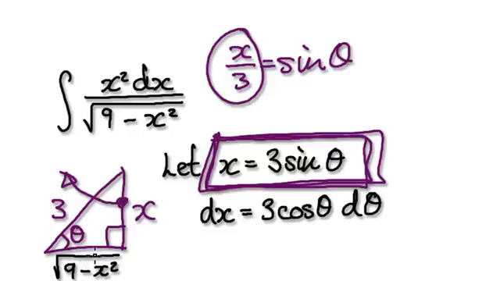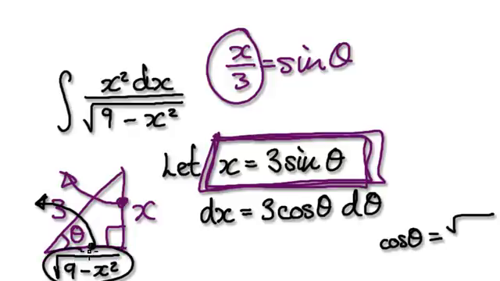Our next job is to try and translate this. Looking at this, it would be cos. So cos theta equals root 9 take away x squared over the hypotenuse, which is 3.